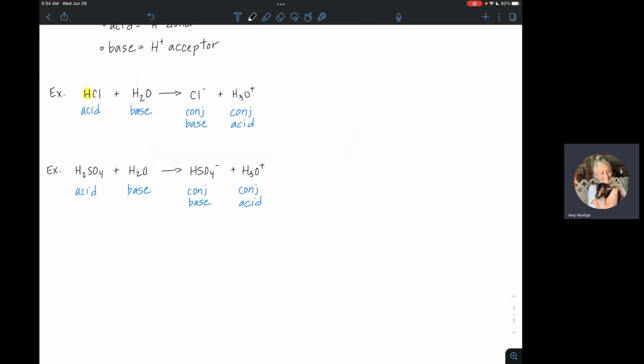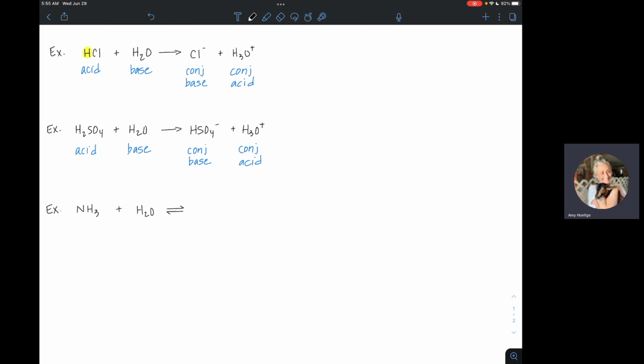What about the bases? So we can take just our celebrity weak base, ammonia. We'll allow that to react with water. And it's weak, so I'm going to use this arrow. And we'll talk about weak versus strong in a sec. But essentially, we're going to be taking the lone pair of electrons on the nitrogen. I can draw them in just to make it a little more obvious.